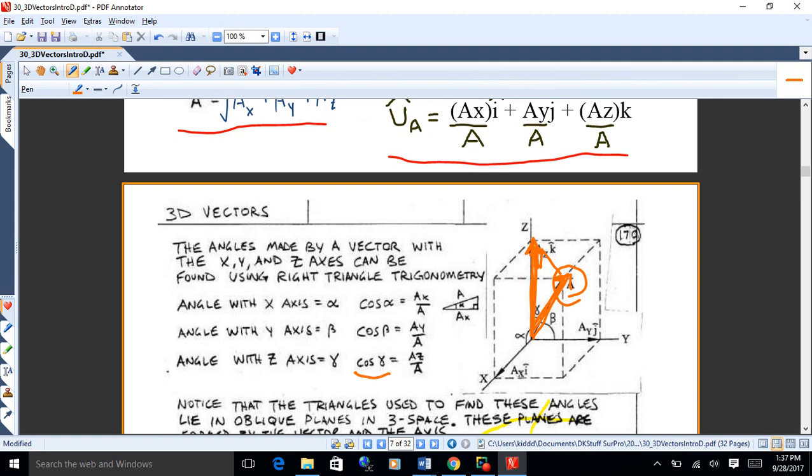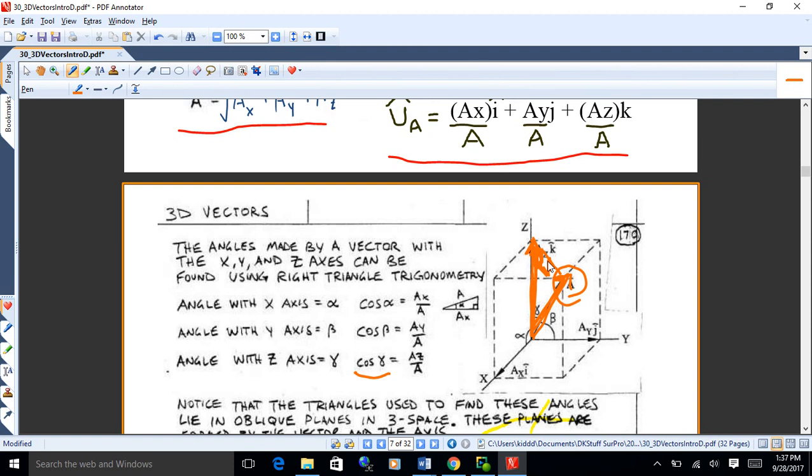So what I'm going to do here is I'm going to take the right triangle that fits into that box. It's made up in this case by A sub z, A, and a line that connects the two across the top of the box. So the line across the top of the box and A sub z make a right angle. I can pull that thing out, and what I'm going to have in there is the angle gamma down in the vertex. Okay? So cosine of that angle gamma is equal to A sub z over A. Okay?